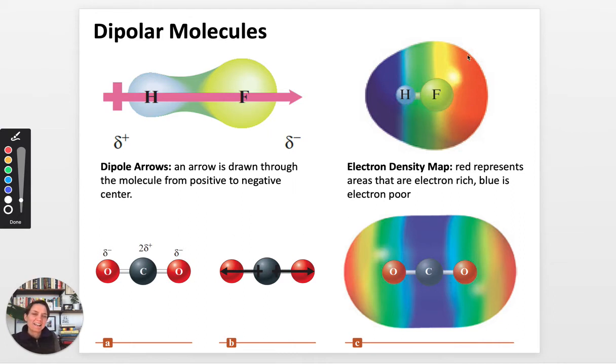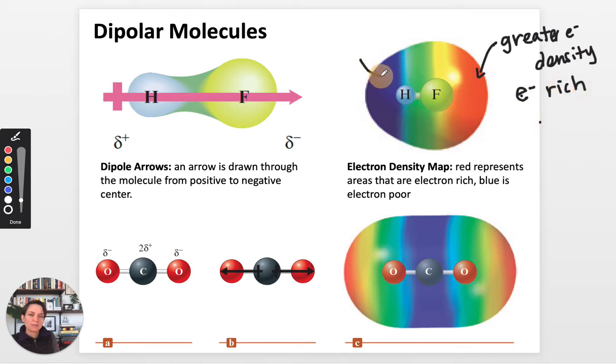But I like that this is like this egg-like shape, and it's showing that here we have greater electron density. We could also say that this area is electron rich.